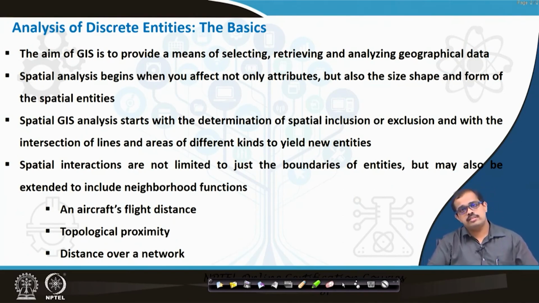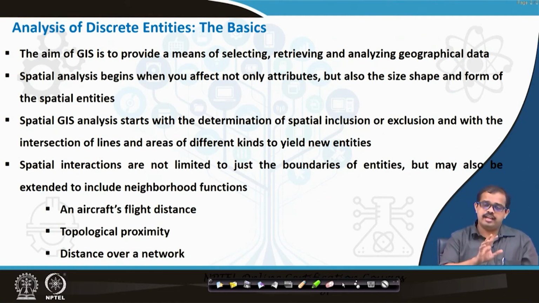Okay. So, the next thing is analysis of discrete quantities. If you are looking at discrete quantities, it is how you actually select, retrieve and analyze geographical data as a discrete value. When you are doing any analysis on a discrete quantity, there is always an effect on attributes.